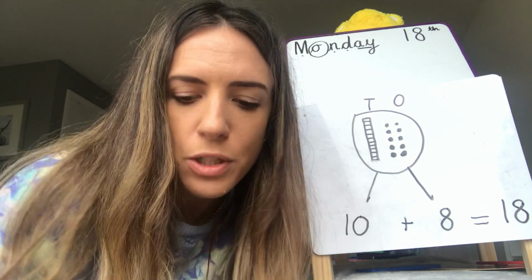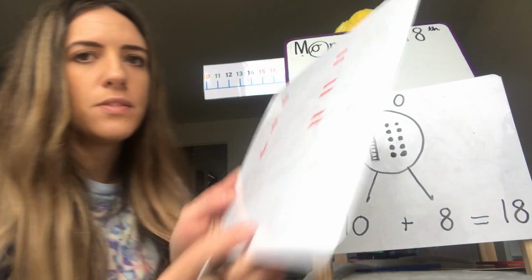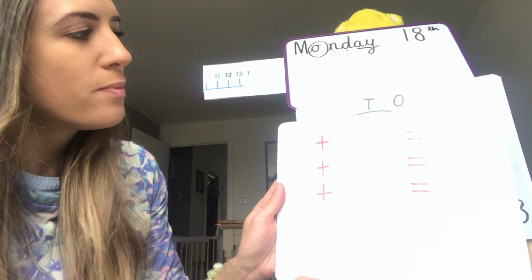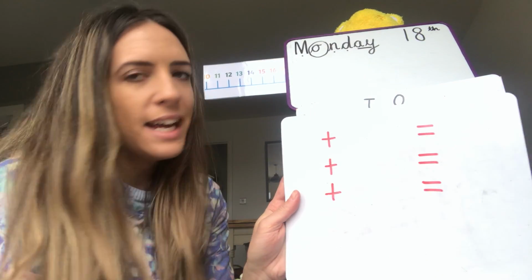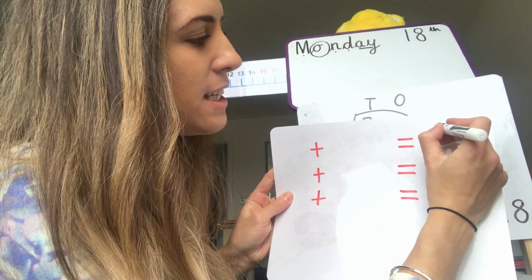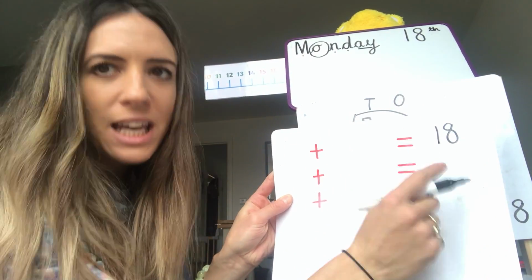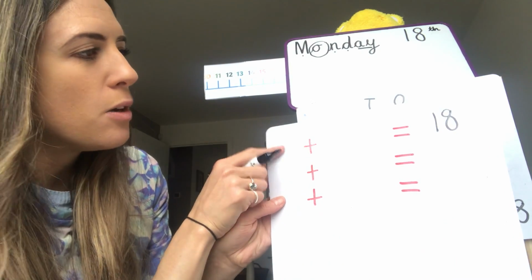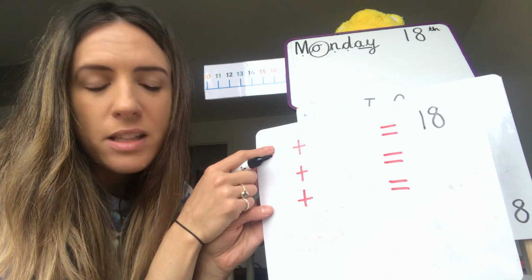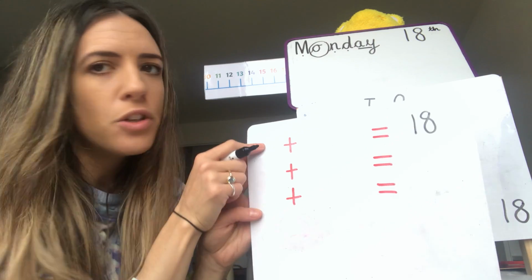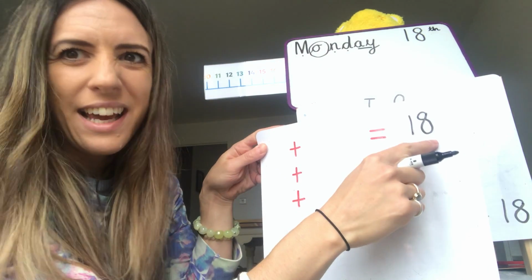Okay, so we need to make 18 in lots of different ways. That's our challenge. How could we start? I'm going to put 18 at the end of our number sentence, to remind us we're making 18. Okay, so could I start with a number that's bigger than 18? No, because we're making 18.